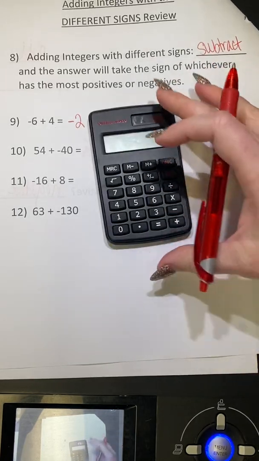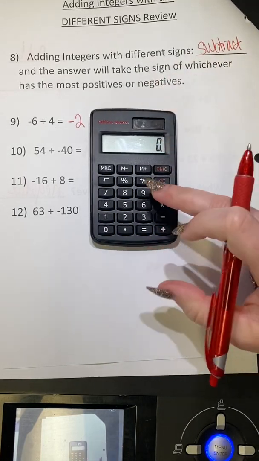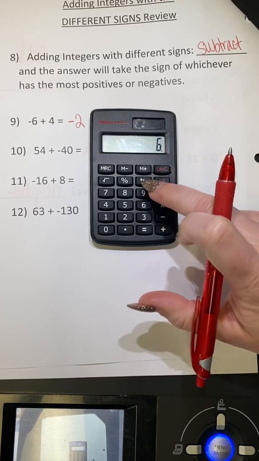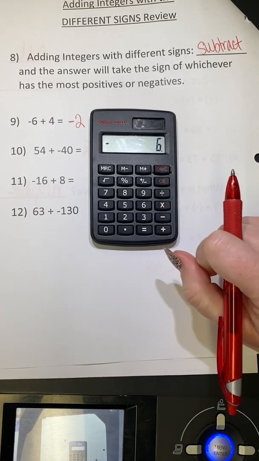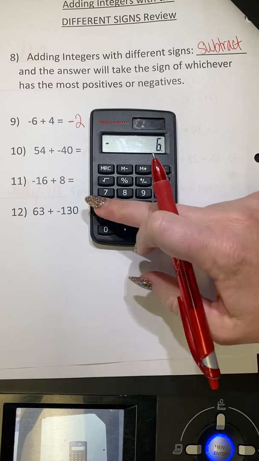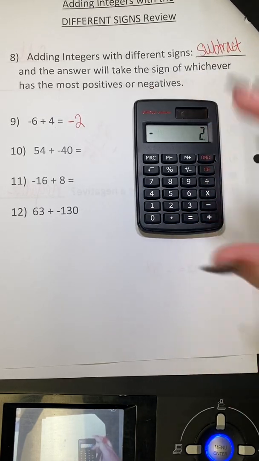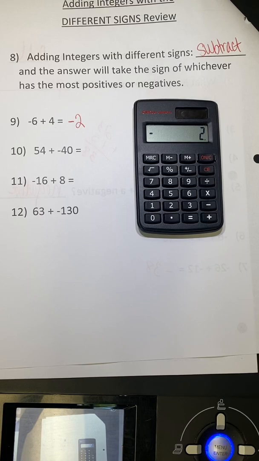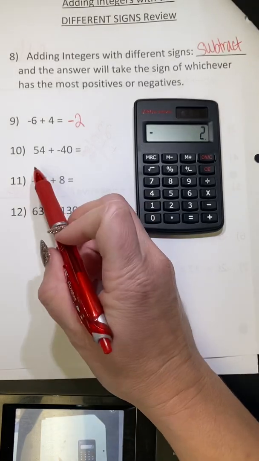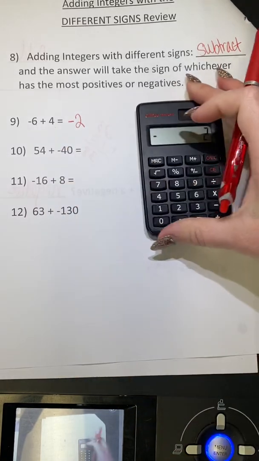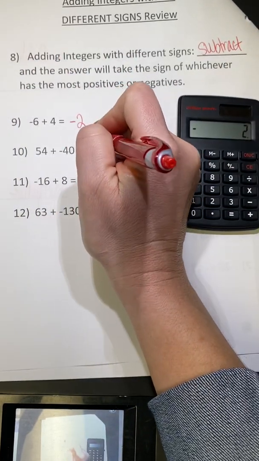Now, you can use a calculator to check it. 6 negative, that's how we punch that in, plus 4 equals negative 2. So I check it and I got the right answer. Positive 50 plus negative 40, those are different signs, so we're going to subtract. 50 minus 40 is 10.